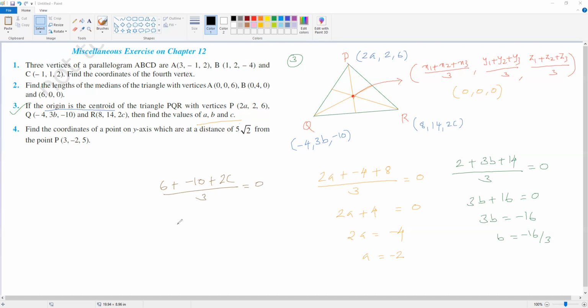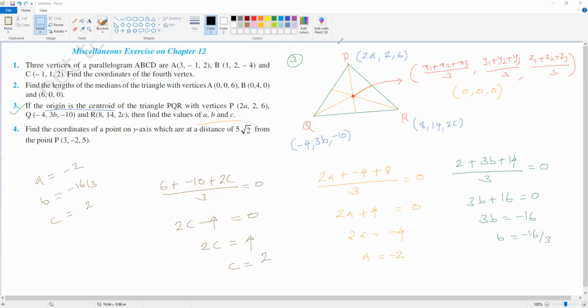So 6 minus 10 is -4, cross multiply, 3 into 0 is 0, that is 2c is equal to 4, so c is equal to 2. So you found the values: a is equal to -2, b is equal to -16 upon 3, c is equal to 2.